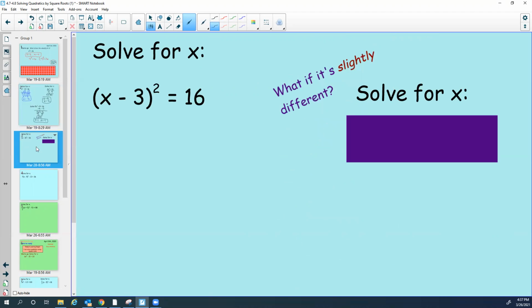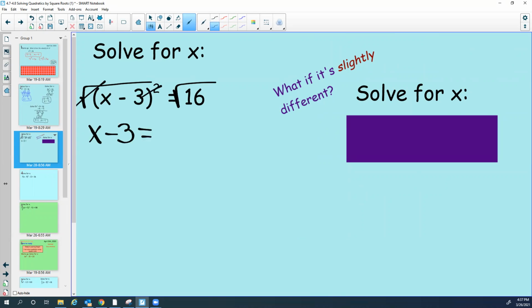All right. So this time I have parentheses, x minus 3 squared equals 16. So this time, what we're going to have to do is deal with the square root here at the very start. We're going to have to get rid of that squared at the beginning. So what happens when that happens? So the square root, I'm going to end up with x minus 3, because that takes care of the squared on this side.